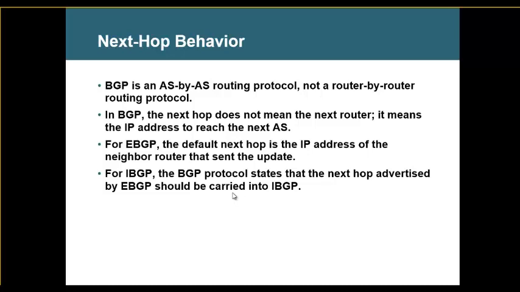In other words, we can say AS by AS routing protocol, because it shows the autonomous system path, which is nothing but AS, autonomous systems. So every one hop is one autonomous system.